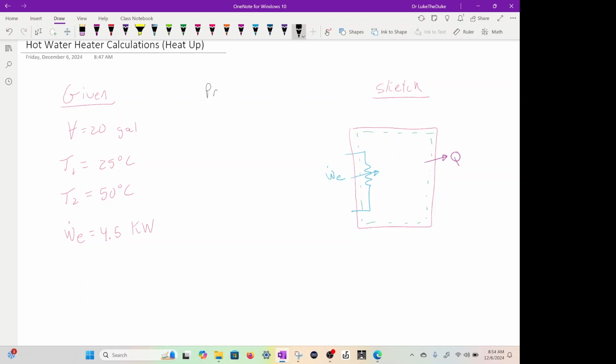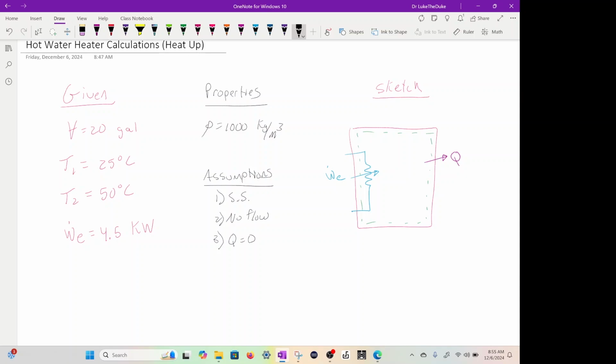We have properties of water. Density is 1,000 kilograms per meter cubed. Some assumptions: we have steady state, no flow. We're going to assume adiabatic, so there's no heat transfer out; it's well insulated.